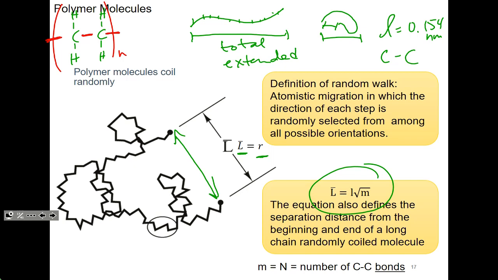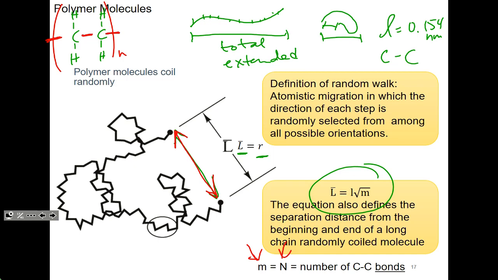So you get 2 bonds for every repeat unit. Some people refer to it as M. Your book refers to it as capital N. If you go on and work with some polymer person, it could be either, okay? Or you can just spell it out and say how many bonds do you have, right? So that's how we calculate end to end. It's just little l times the square root of the number of bonds that you have.